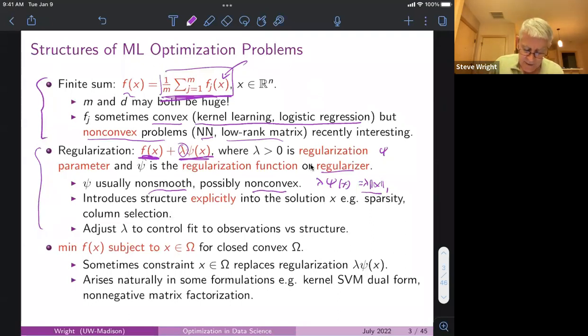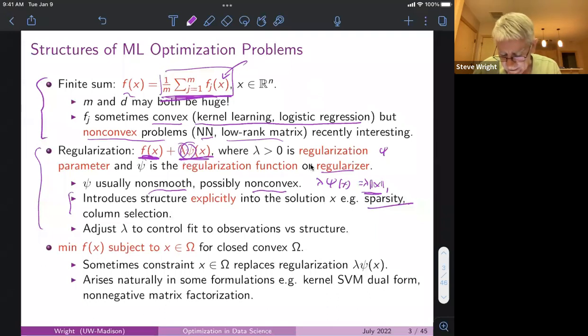So adding on this kind of a term is a way to explicitly introduce structure into the solution. So by doing that, if you choose the function psi to induce the kind of structure that you're looking for, so when you use the one norm, you're looking for sparsity. That is, you're looking for an x that only has a few non-zeros. But there are other kinds of structure as well.